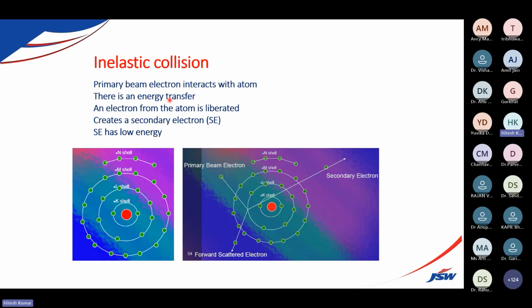When one electron strikes another electron, one electron comes out of its shell and there is some energy loss. This is called an inelastic collision. But it has low energy because it is interacting with your sample surface.